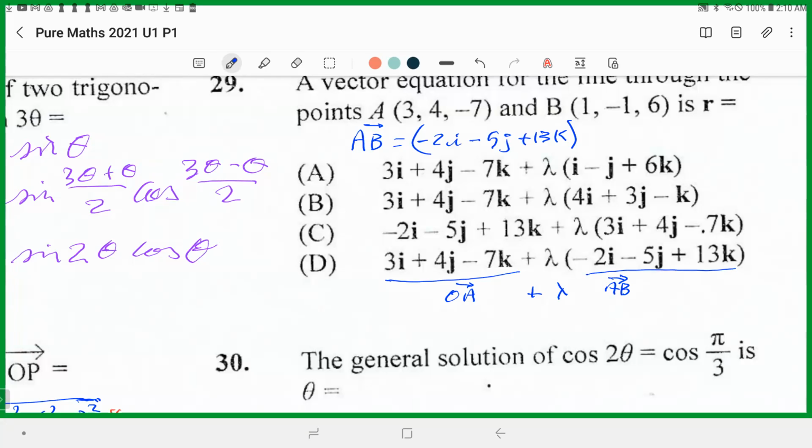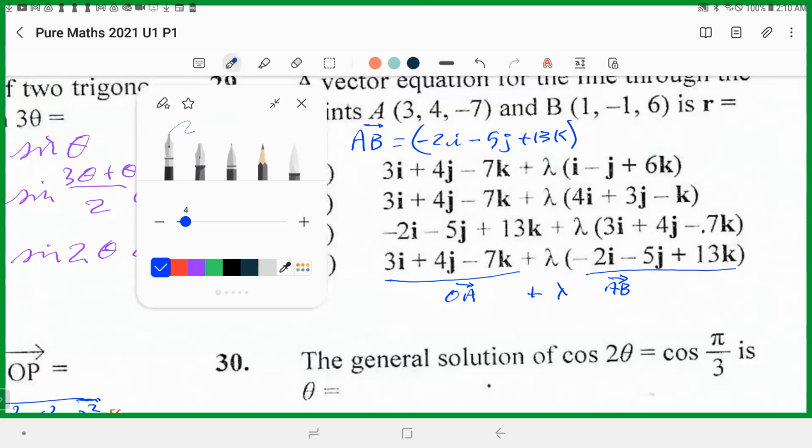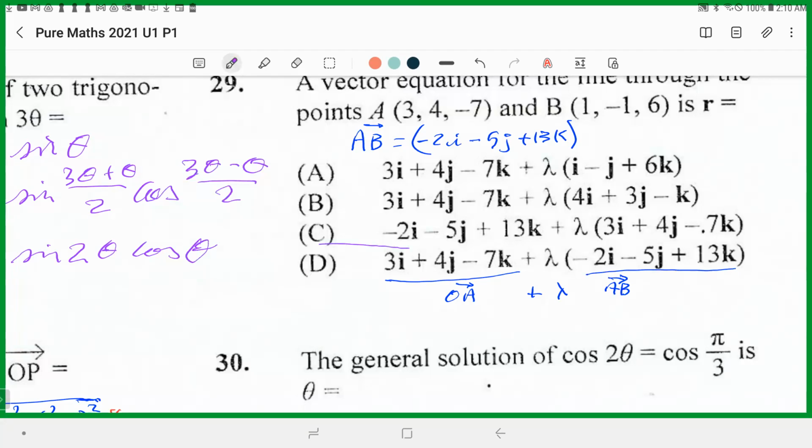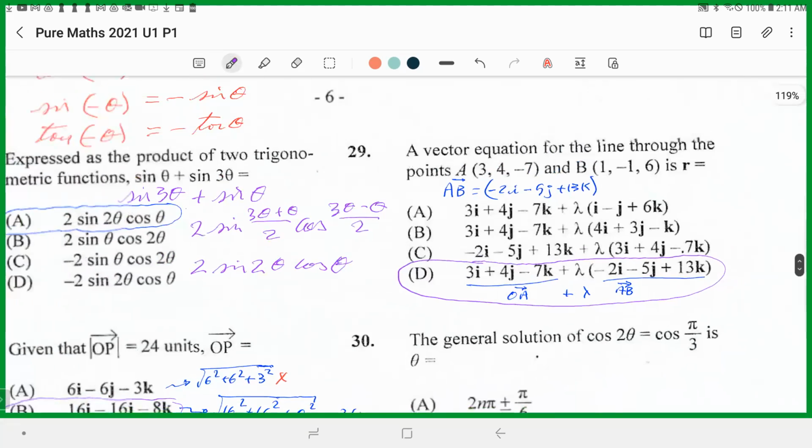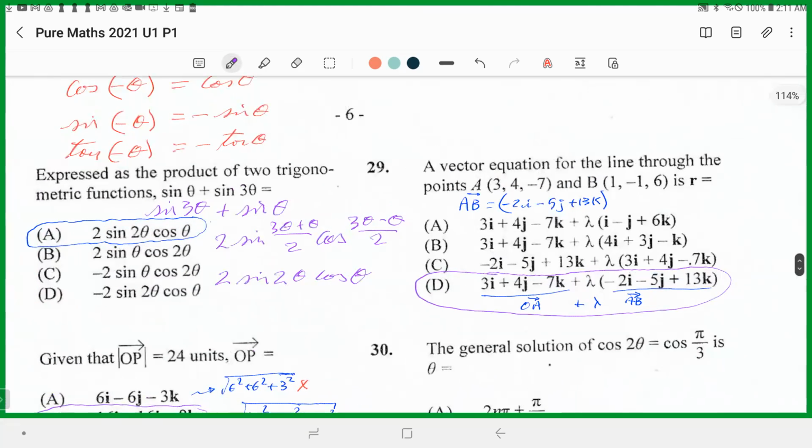So the last one is the answer, because of those things. That's it. AB is a direction vector.